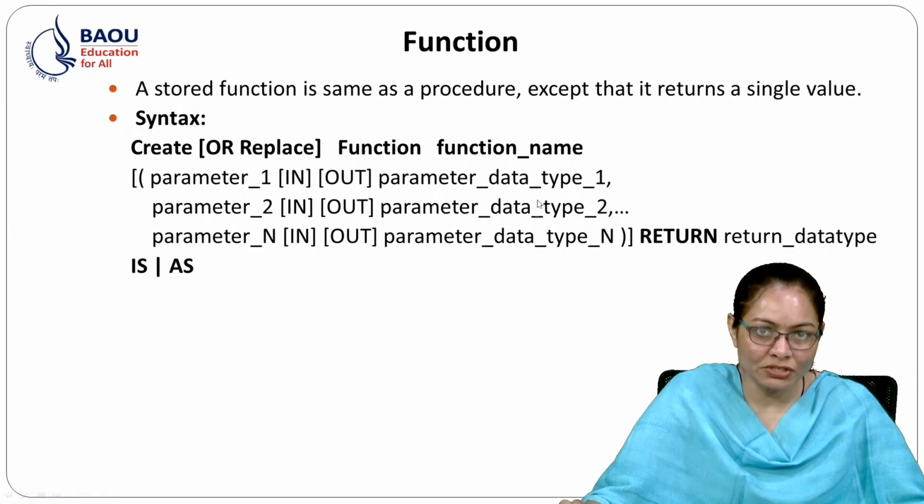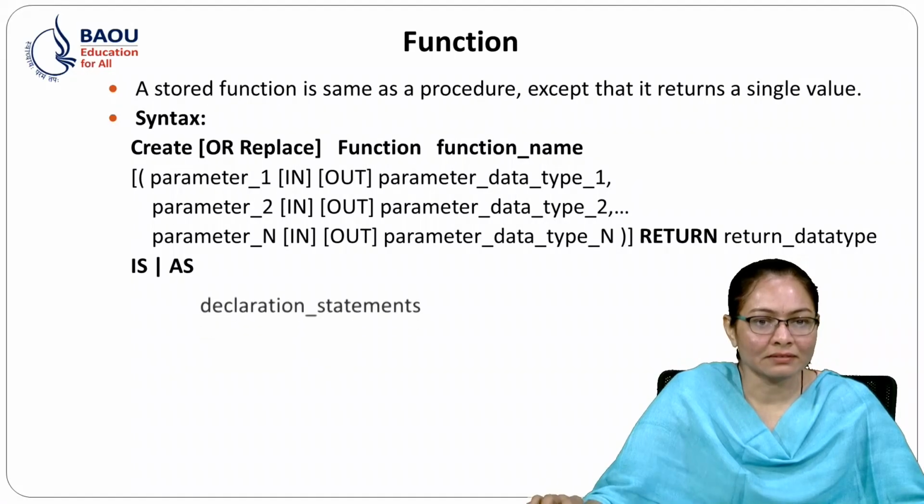Means this function returns a value, and the data type of the returned value is defined here. If this function returns a number, then you can define RETURN NUMBER. If this function returns a varchar2, then you can define RETURN VARCHAR2.